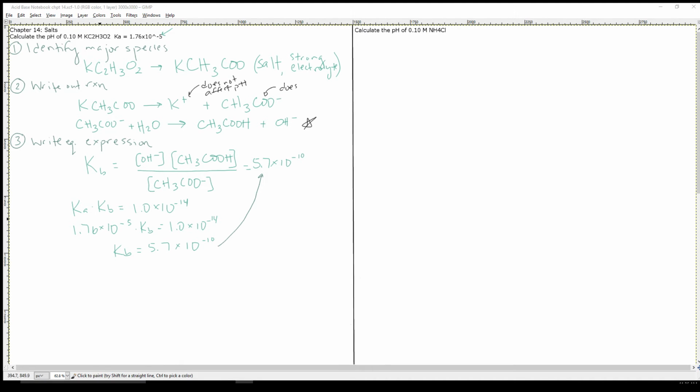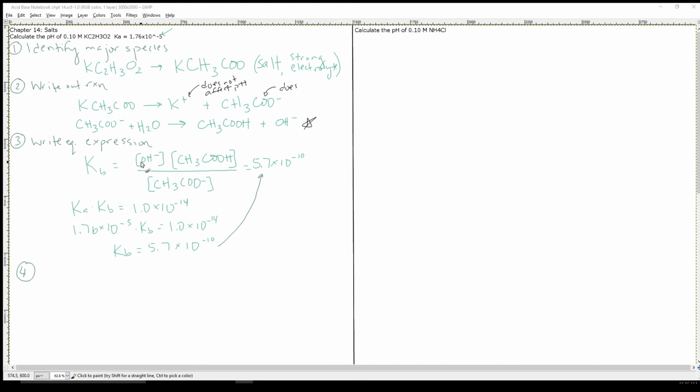Okay, great. Moving along, step 4 will be, well, we want to be able to solve for the pH. And if we want to solve for the pH, we need a concentration of hydrogen ions. My equilibrium expression doesn't have hydrogen ions, but what does it have that if I solved for it could give me the concentration of hydrogen ions?